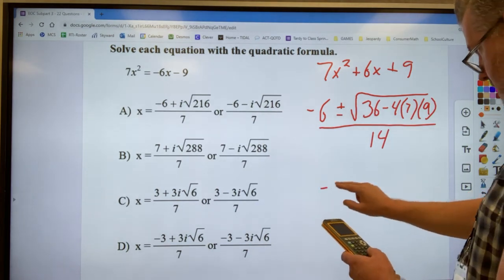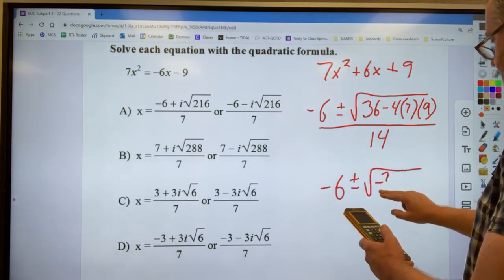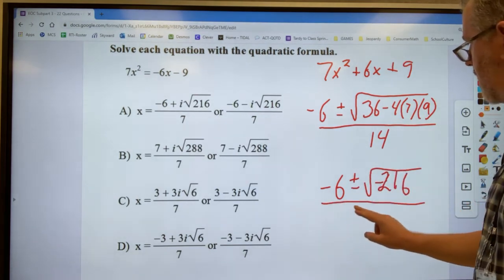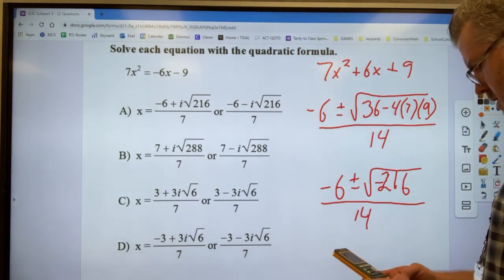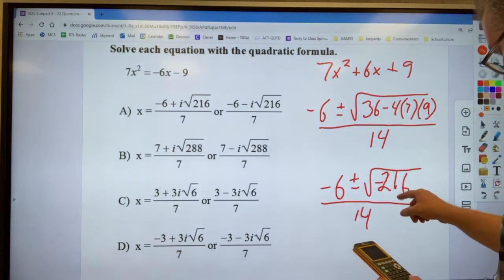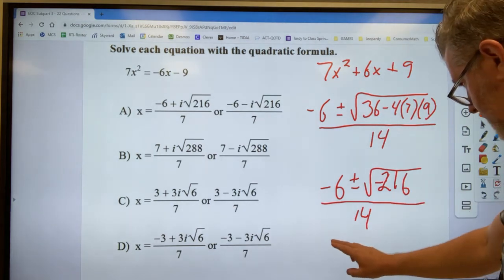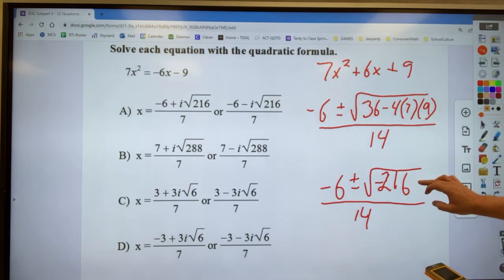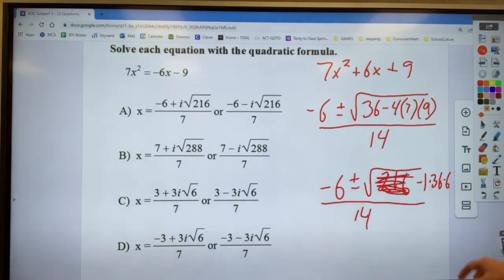That ends up getting negative 216 over 14. Square root of 216. It doesn't have a square root, so let's see what we can break it up into. 36 times 6. Yep, 36 times 6 is it. So I'm going to break up that 216 into negative 1 times 36 times 6. That's the tough part right there. Okay, that's the tough part.